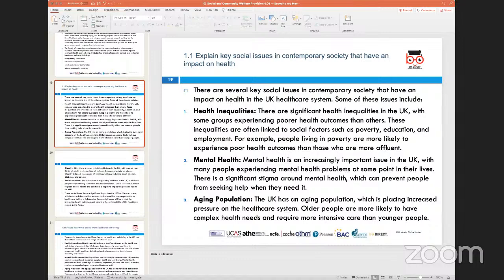If I have more money and, say, I'm suffering with cancer, with the NHS I might be put onto a waiting list to receive treatment like chemotherapy or medication.